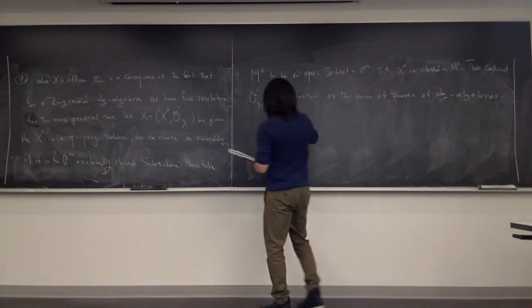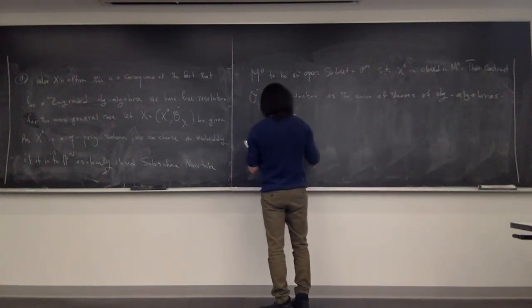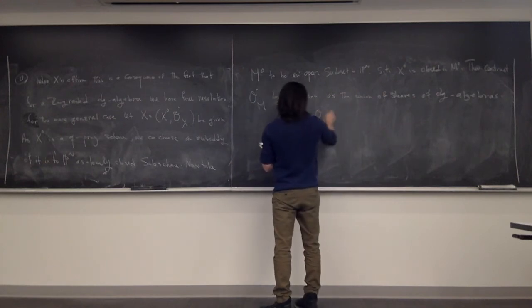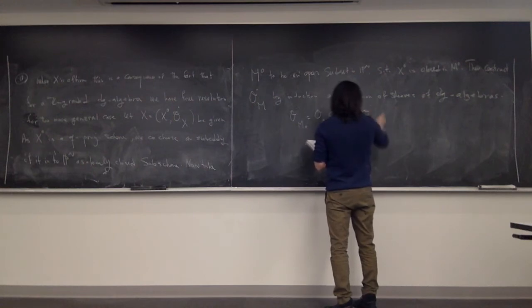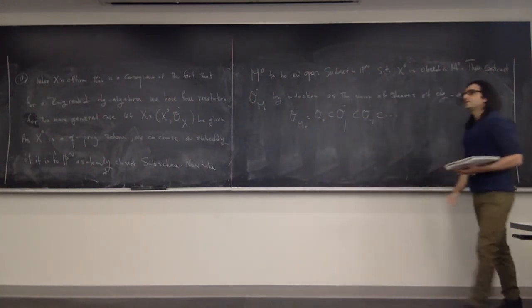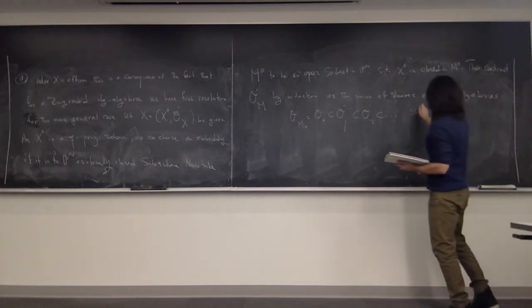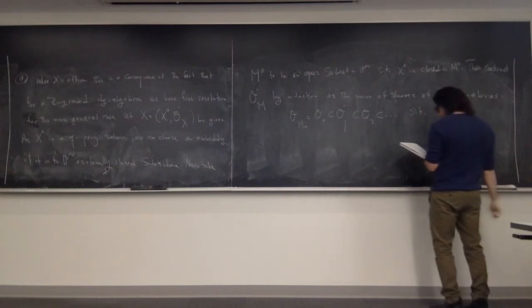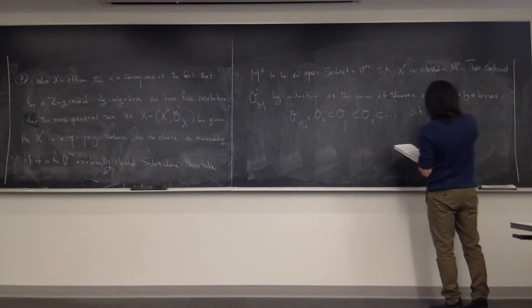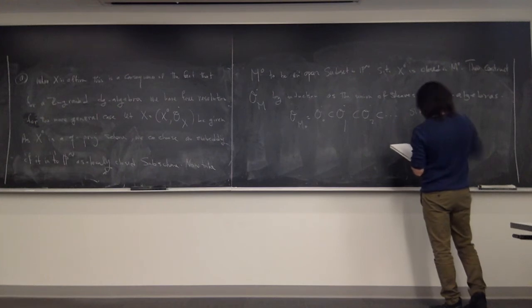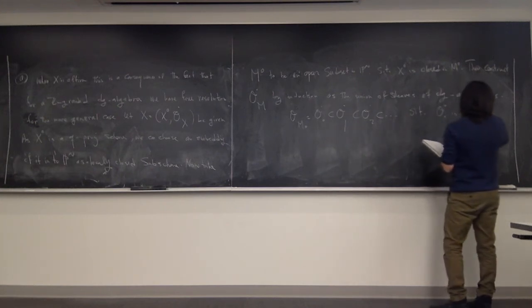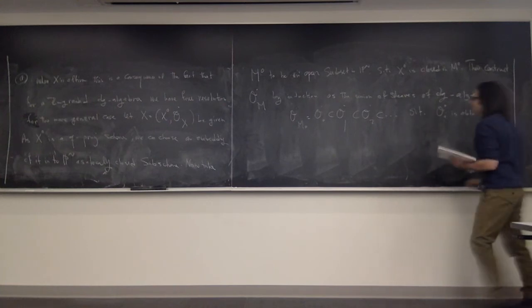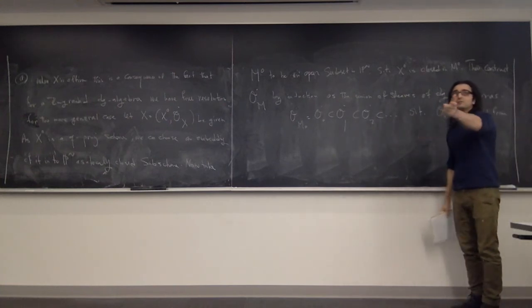where O dot 0 of M0 is just O dot 0, and then it sits in O dot 1, and it keeps going like that, such that O dot I is obtained from, you need this symmetric algebra of the vector bundle.